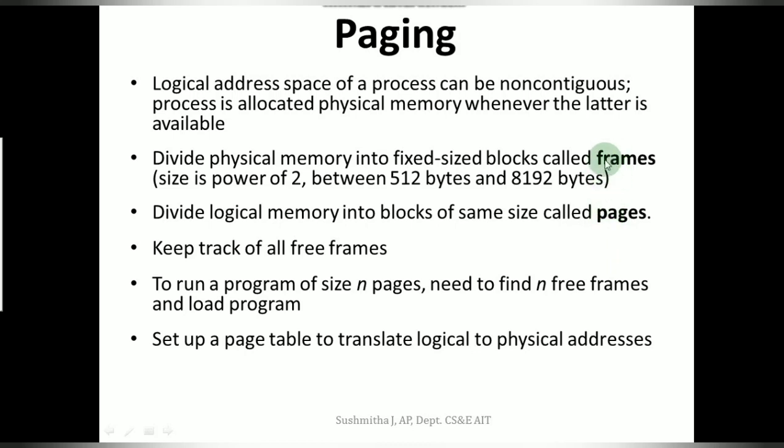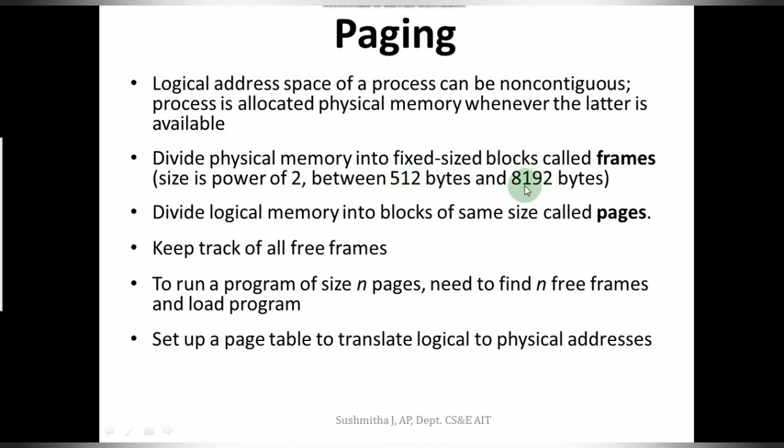The size of the frame and the page is the same, and both follow a rule that the size is a power of 2. The minimum page or frame size is 512 bytes. It can range up to 8192 bytes.